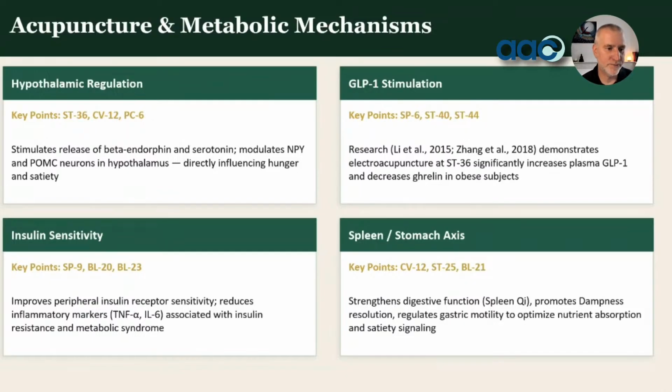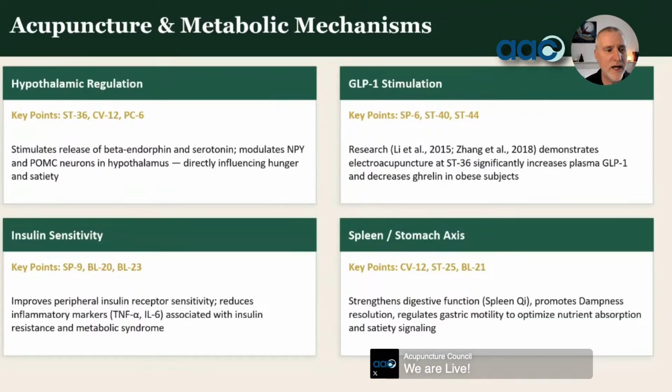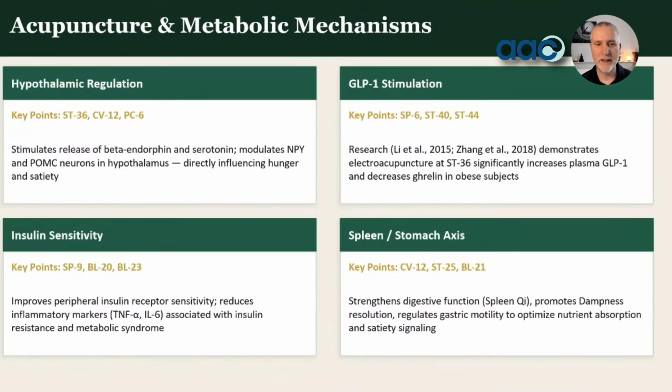There is a study that shows that when you use electroacupuncture on stomach 36, it regulates and modulates our metabolic function, and the GLP-1 numbers go up, and we can actually see the numbers in some published studies.